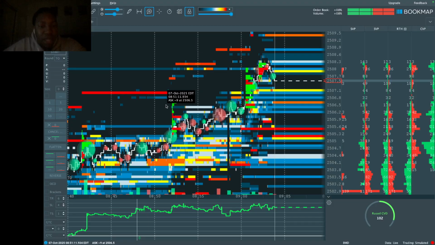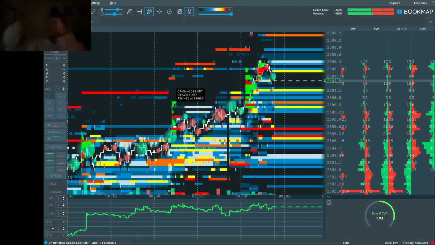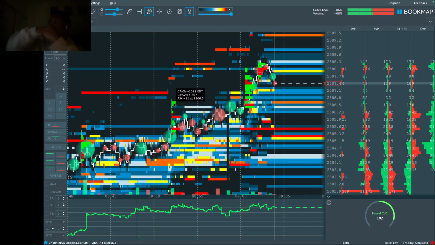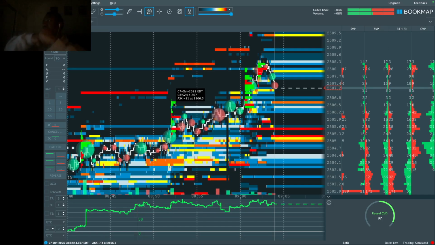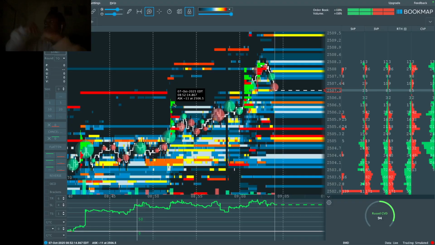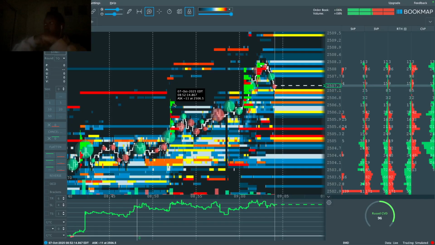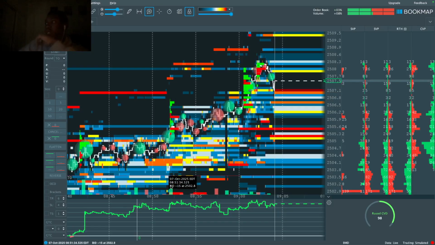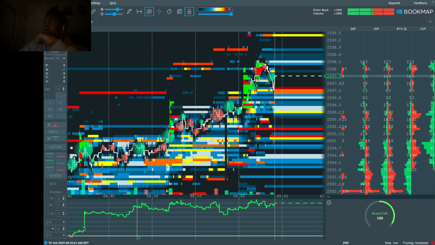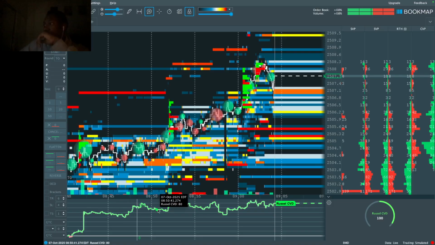What that means is the number of buyers minus the number of sellers, or the number of sellers minus the number of buyers, depending on who's in control, right? So we see all this green right here. This means that buyers are in control, and this tells me by how much, right?